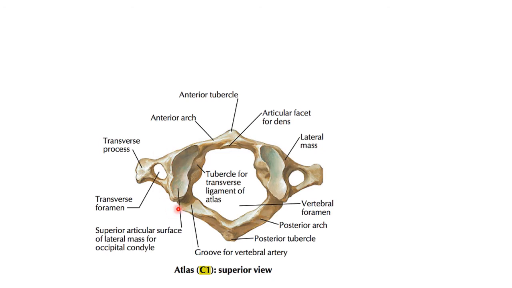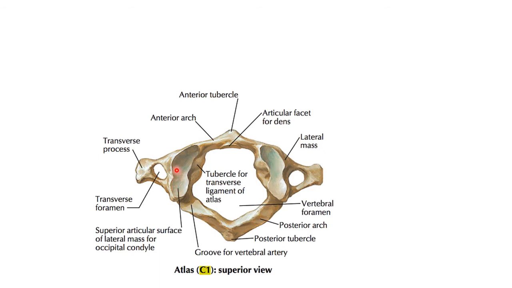These lateral masses present the following features: the upper and lower surfaces. The upper surface bears the superior articular facet, and the lower surface, which is below it, presents the inferior articular facet.